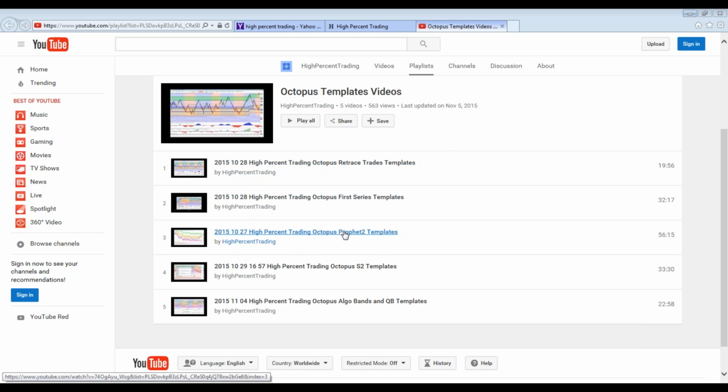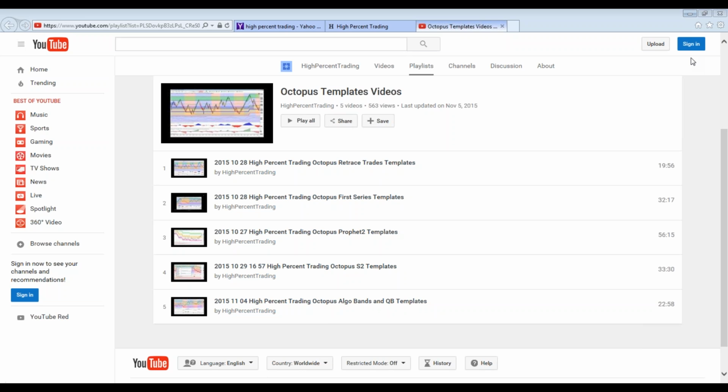This one talks about the profit 2 trades. This one talks about the S2 setups, and this is Algo Bands and quarterback. So there's quite a bit that's covered in here. It doesn't have every single one because we've added others, but it'll get you about 80% of what is there.